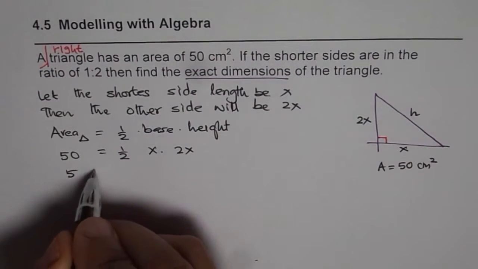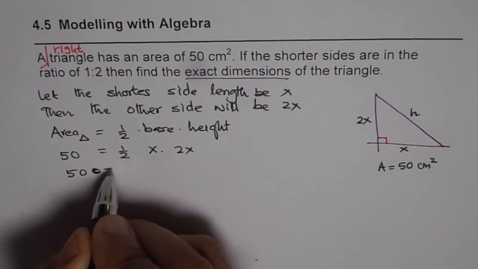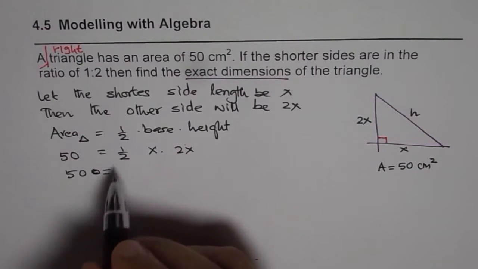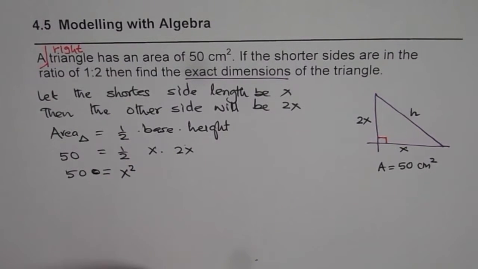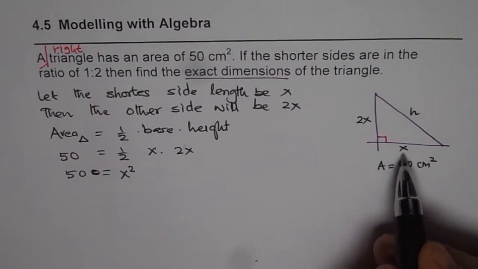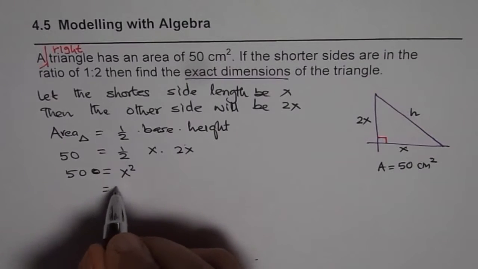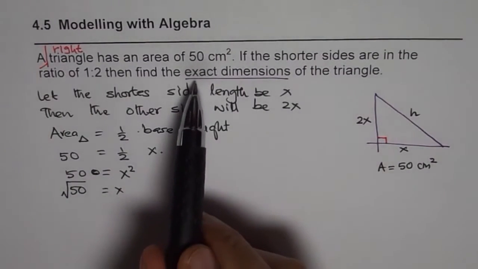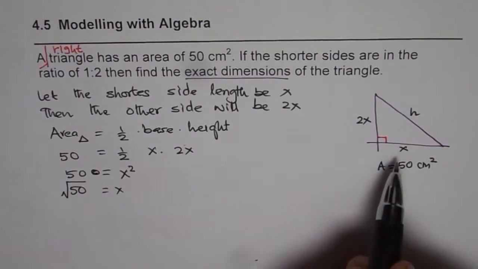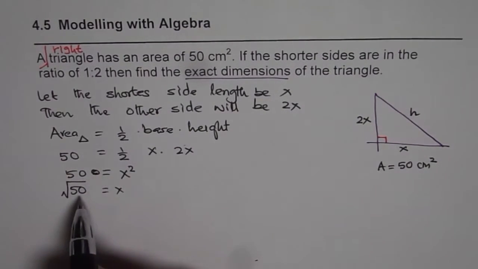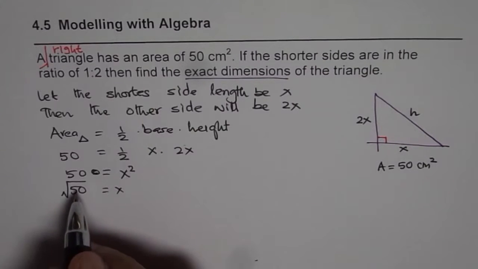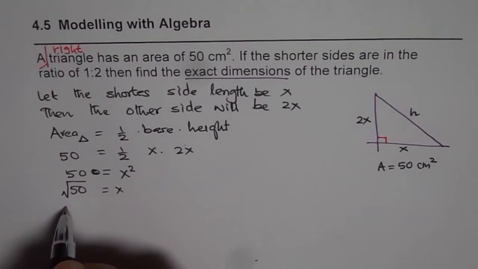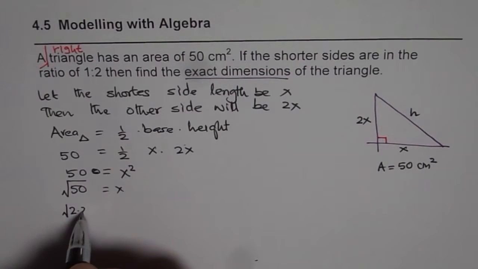We can say 50 equals 2, 2 and 2 cancel, we get x squared. Now, we know x. So x will be equal to square root of 50. Now it is important to note that we have to write exact dimensions. The x is square root of 50, which we could write as, let me show you calculations here, square root of 2 times 25.